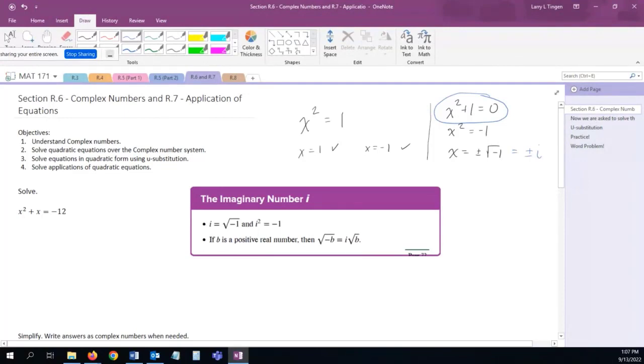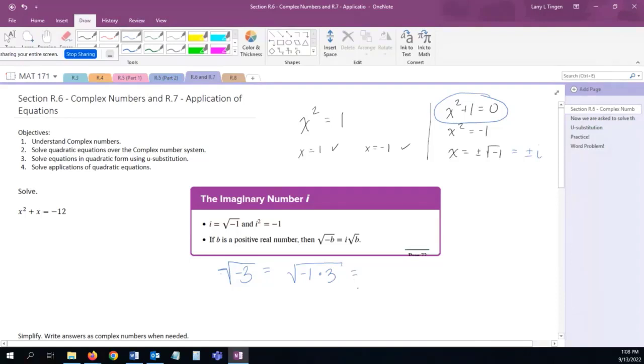And I like the notation from this book. You can see it both ways. If b is a positive real number, then the square root of -b is equal to i times the square root of b. What that means is if I give you the square root of -3, I'm going to simplify this into the square root of -1 times 3 under the radical.